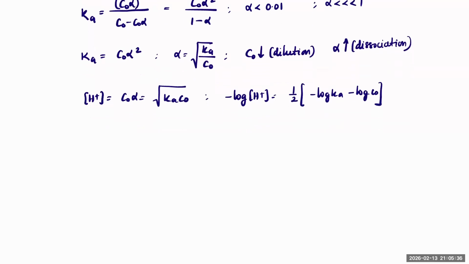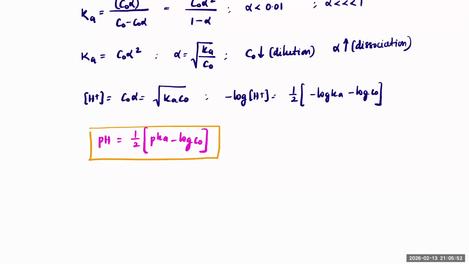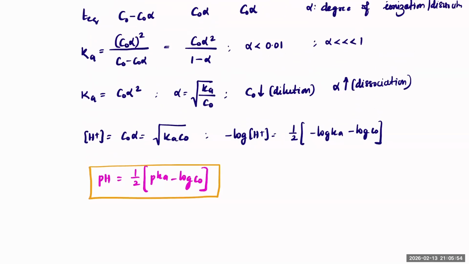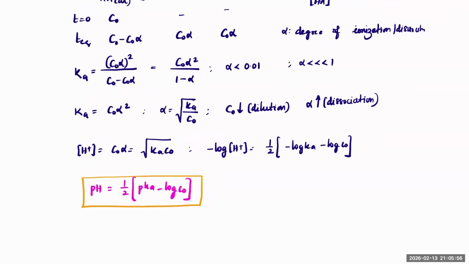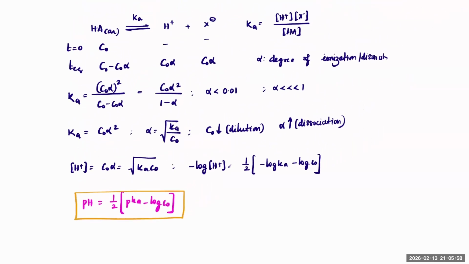Now, minus log of H plus concentration is what we call pH. And that is equal to half of pKa minus log C naught. So if it comes to a weak acid, the pH can be calculated by this formula. In most cases, it will be satisfied as long as the alpha value is less than 0.01. Got it?